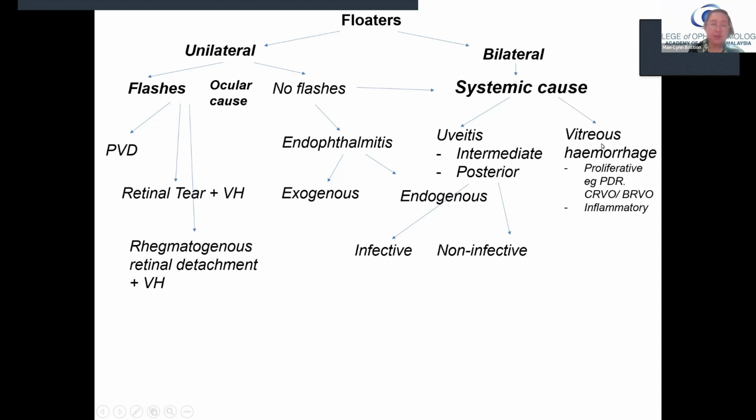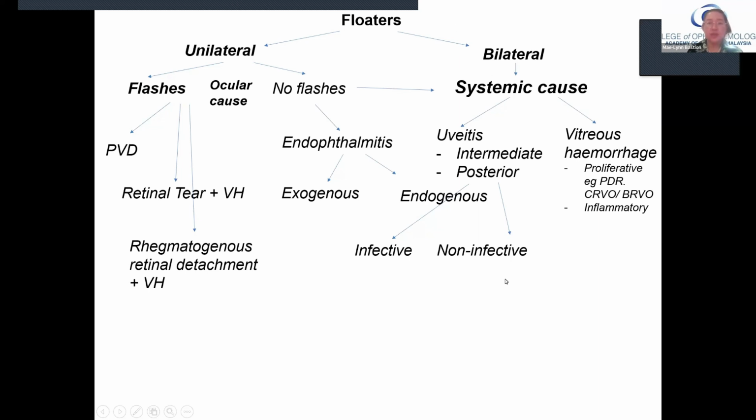Under vitreous hemorrhage, we would be considering whether there could be proliferative retinopathies, usually with underlying diabetes, perhaps vein occlusion, either branch or central, or other causes of inflammation that can result in vasculitis and neovascularization.